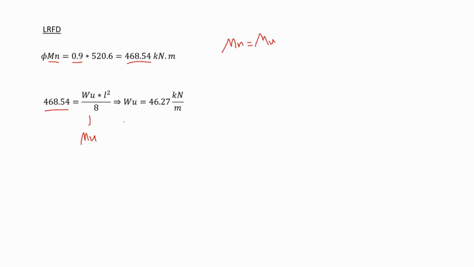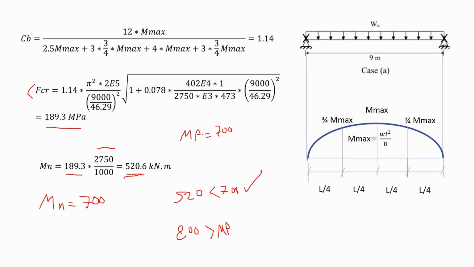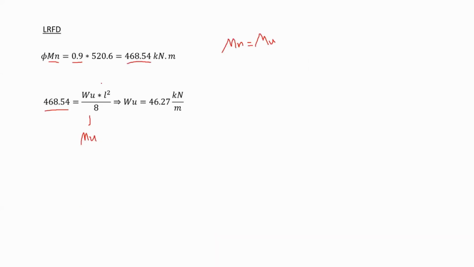So if we check, I think there is a typo in here. I'm not sure if this is supposed to be squared. Okay, it is squared actually. So everything is correct. Now we have in here the distributed load as the only unknown. So you substitute everything else, you get your distributed load that you can apply equal to 46.27 kilonewton per meter.